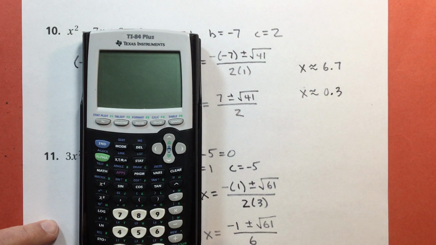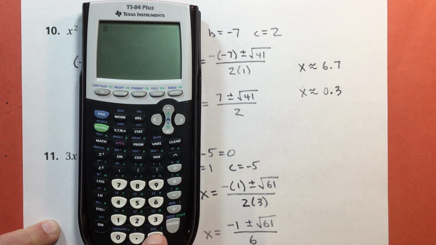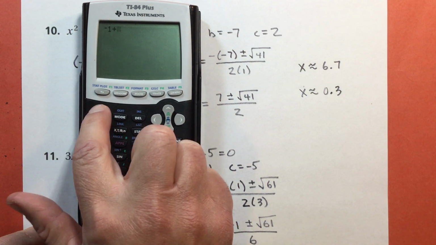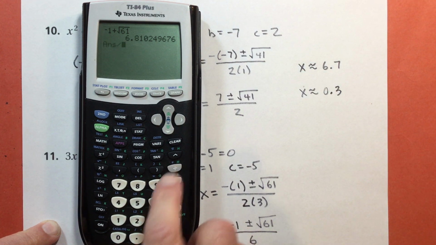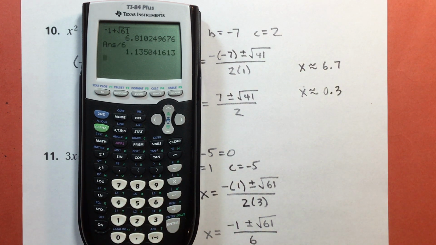So, negative 1 plus square root of 61 equals 6.8 and a little bit more. And I'm going to divide that by 6.